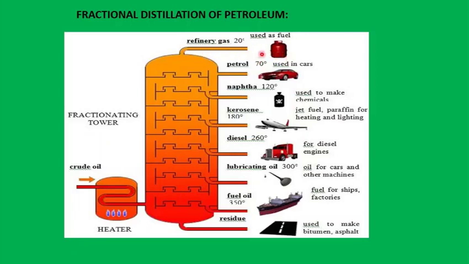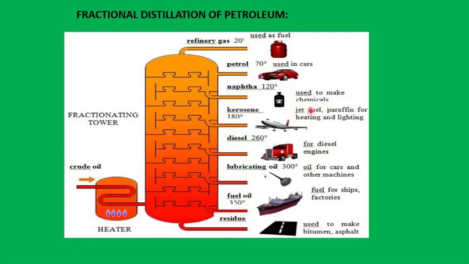The next component of petroleum which will be separated will be at 70 degrees Celsius. Petrol will be formed. You know that petrol, which we use in scooters, cars and all, is used there. Even in buses and trucks, normally diesel is used. Petrol is used in cars, scooters and all. You have seen it. So petrol will be separated at 70 degrees. Next at 120 degrees, the naphtha component, a chemical, will be separated.